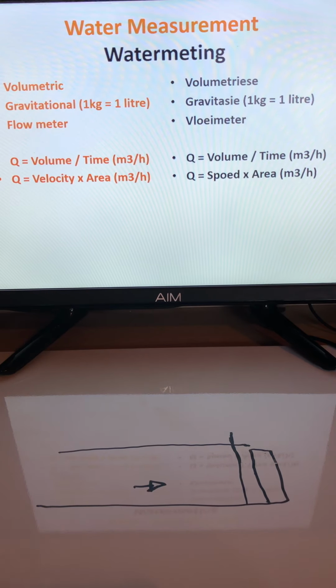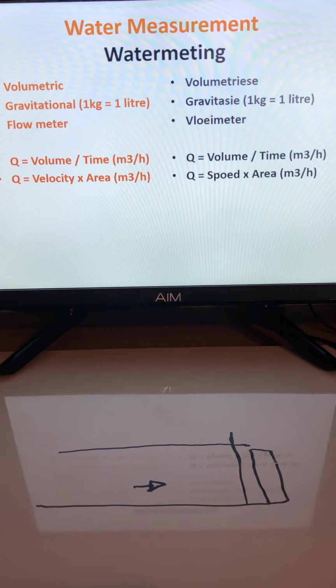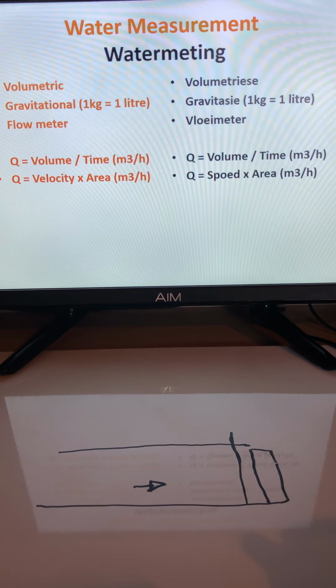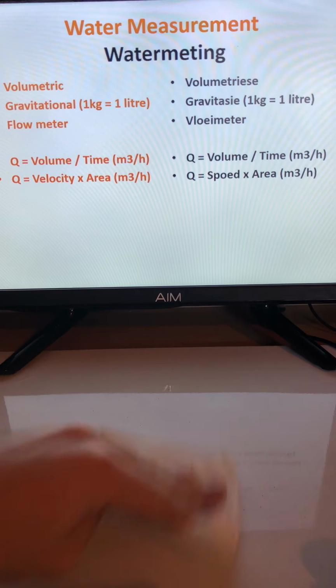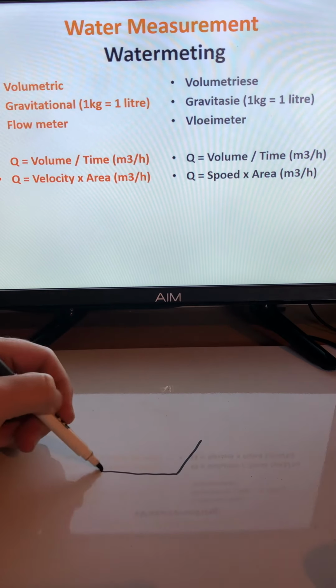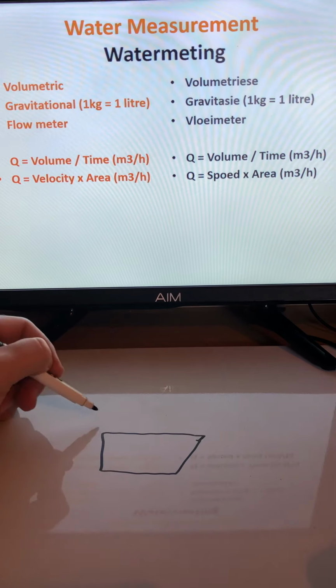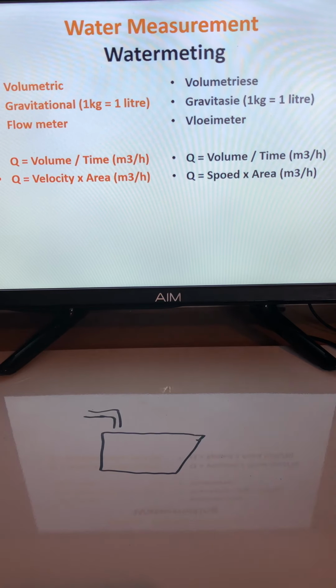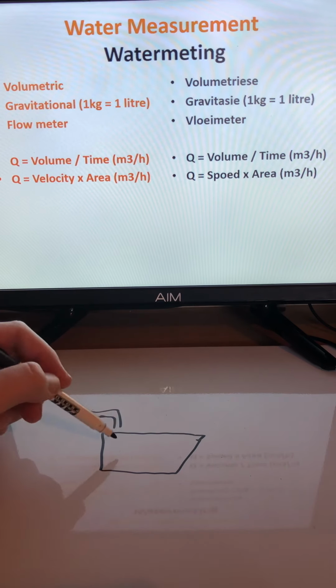The other big ways of measuring the flow rate are volumetric and gravitational. This is a very simple way of measuring the flow rate. For volumetric, think of a bucket and a pipe that has water flowing in it. As soon as the water starts flowing into the bucket from the pipe, you start the countdown, and you know the volume of the bucket.